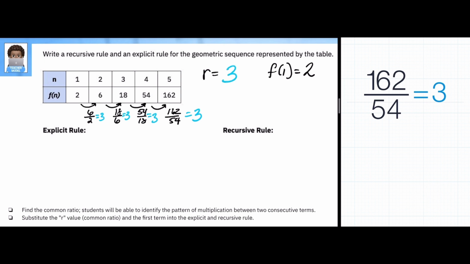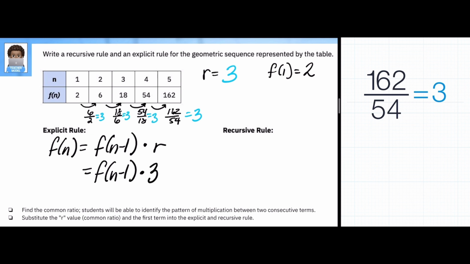Super helpful, so we can just write down what our recursive rule would be, which is our previous times R. So in other words, f of n minus 1 times 3. Super easy, not much we can really do with this. No, we cannot distribute the f with the n because we're talking about a function here.